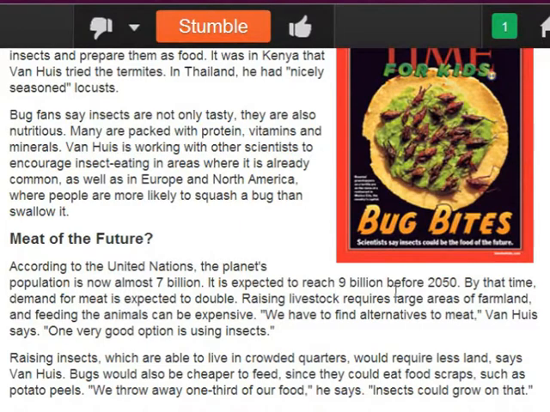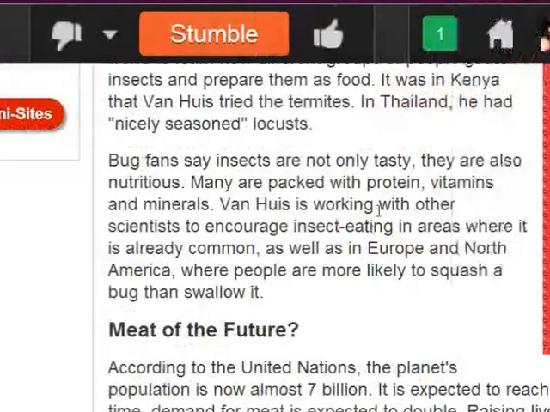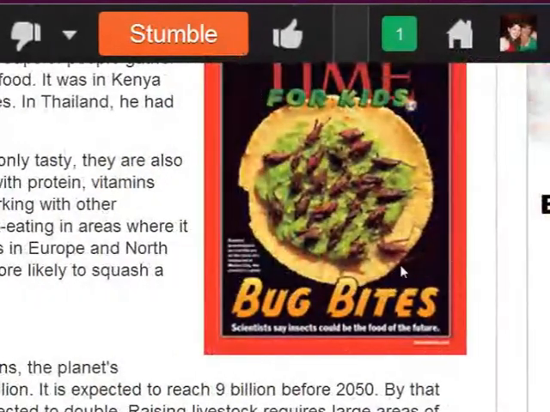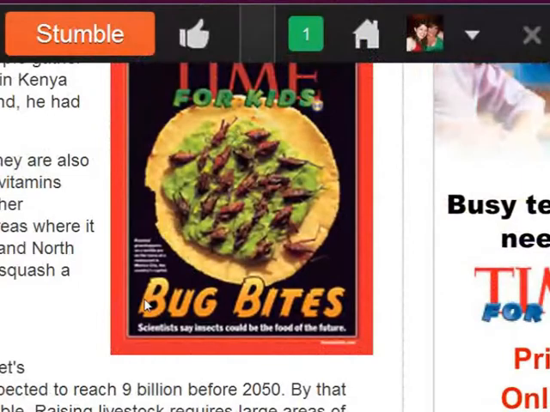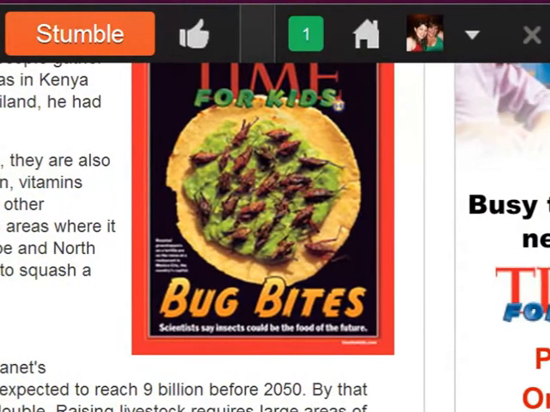Yeah. And then I'm going to zoom in on the screen here really quick because I want to see over here. Do you see this picture? Yes. What do you think about that meal? Just funny. It looks like a taco or something, but it has a bunch of bugs in it. I thought the green sauce was wasabi.